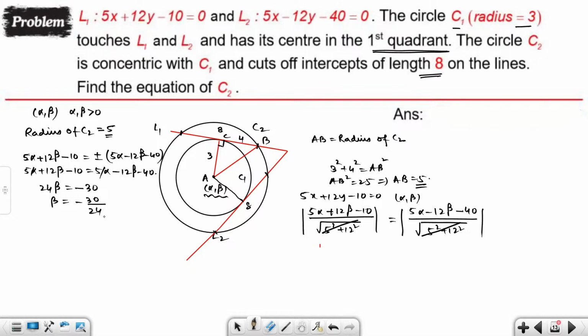Okay, so can we take the value of this beta? No. Why? Because I have already said that alpha and beta are greater than 0. Your beta cannot be negative. So the plus sign is not accepted, and I have to take the minus sign.